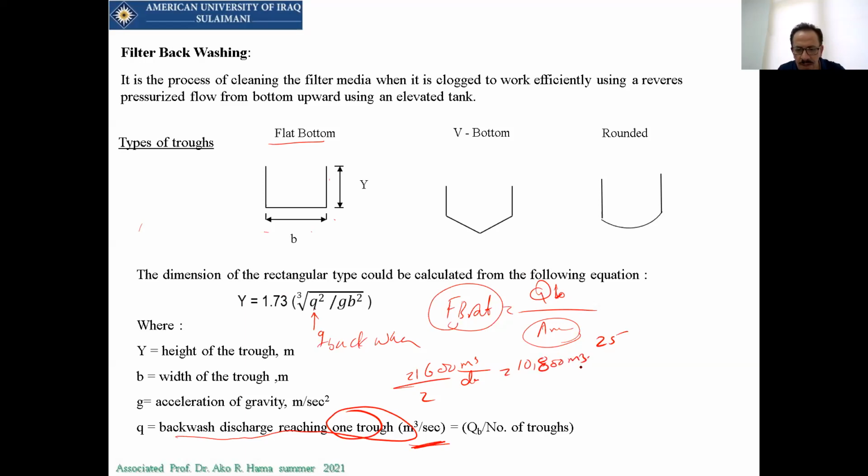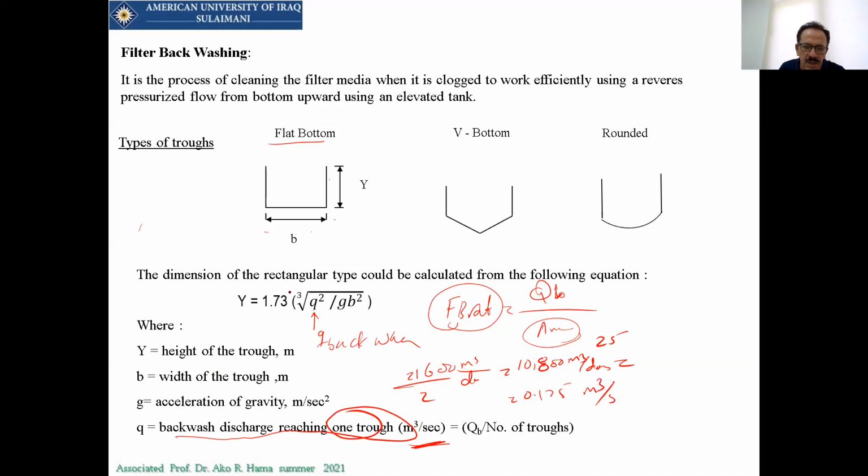Meter cube per day. And I wanted to convert it to be per second. So divided by 24, divided by 3600, it will become 0.125 meter cube per second.